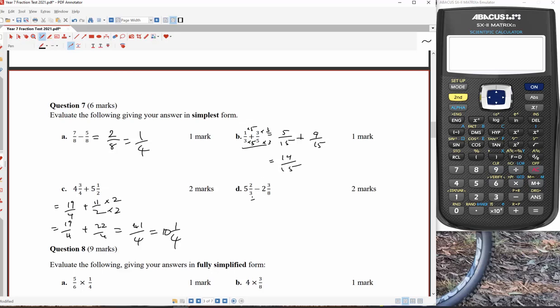Okay, this one here. Now, because 2/3 is more than 3/8, I'm going to subtract without converting to an improper fraction because it's just easy enough. So what I'm going to do is make fractions of equal parts. So that's 5 and now the lowest common denominator will be 24.